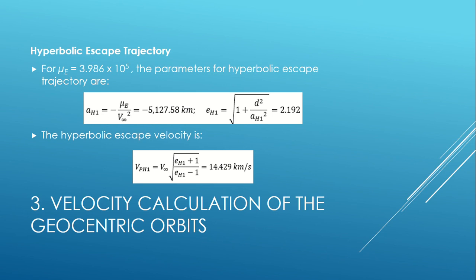So how do we determine the velocity needed to escape from Earth? From V infinity before, we can know that the semi-major axis for the hyperbolic trajectory is minus 5,127.58 kilometers, and its eccentricity is 2.192.